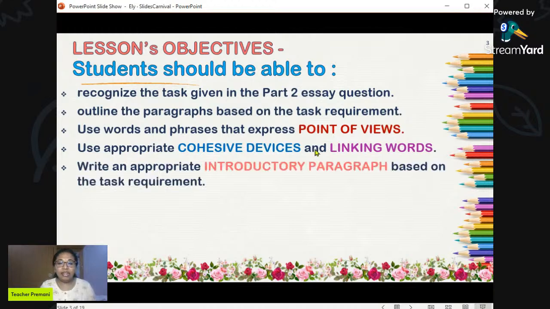You're going to learn how to write an appropriate introductory paragraph based on the task requirement. In order to write the Part 2 essay, there is a certain way of writing. If you remember how I taught you to write the introductory paragraph in lesson 2, I guess, you can see it's exactly the same.